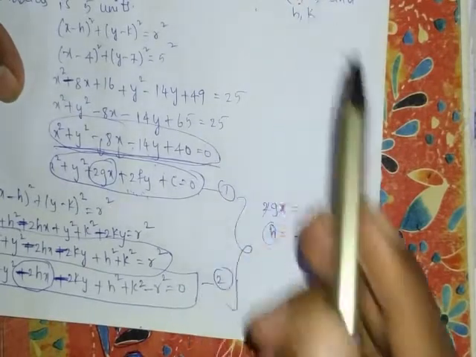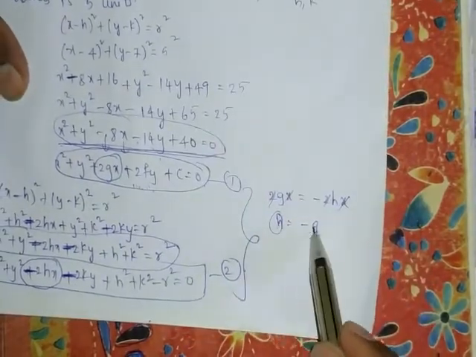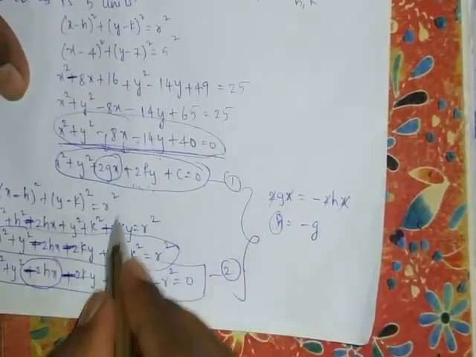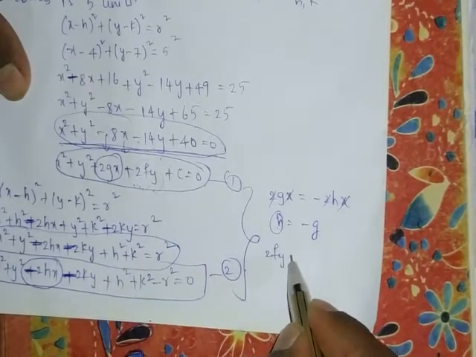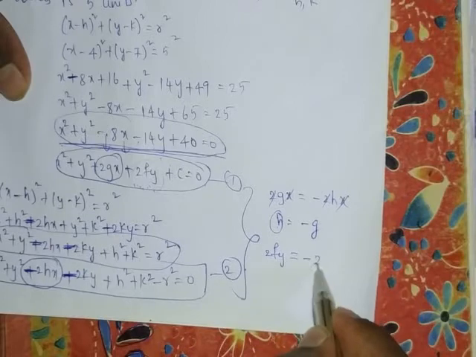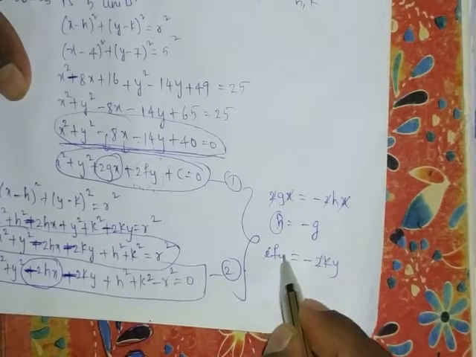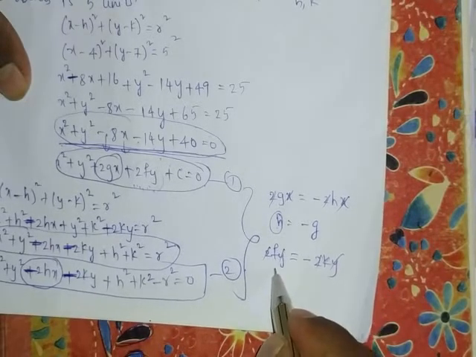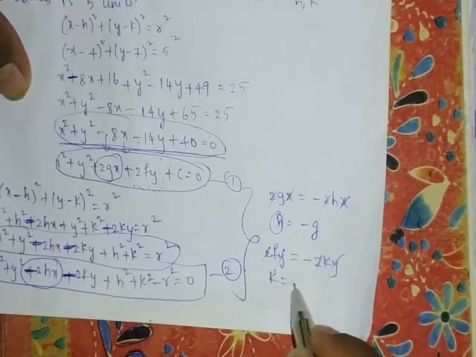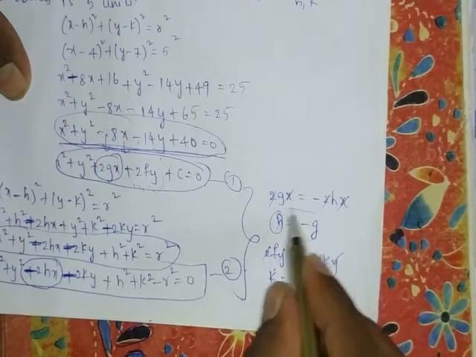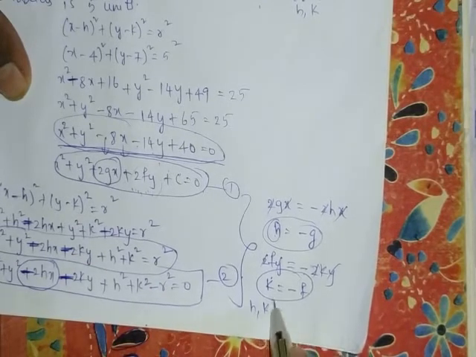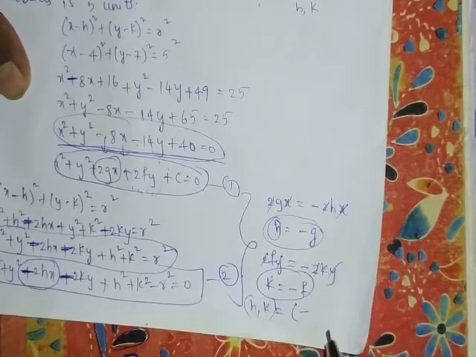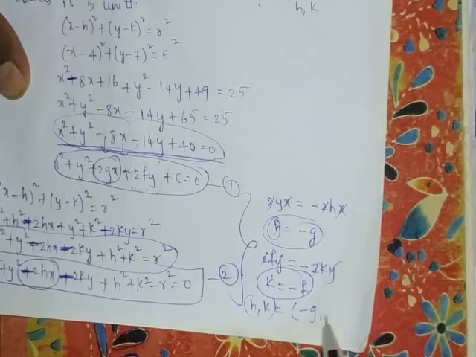Similarly, the value of k we can find here. 2fy is equal to minus 2ky; cancelling 2 and y, we get f is equal to minus k, so k is equal to minus f. From these two, the h comma k coordinates are nothing but minus g comma minus f.